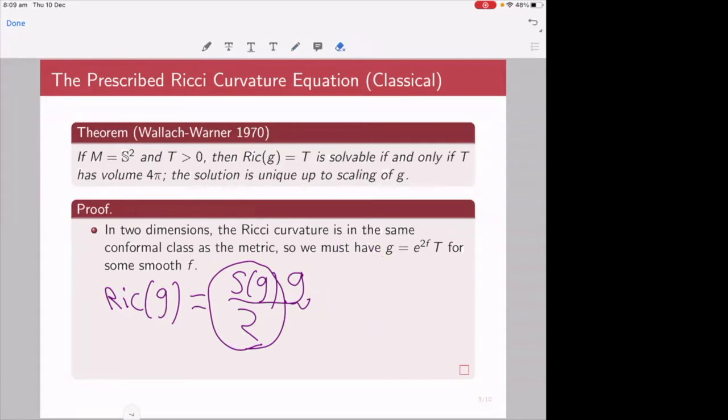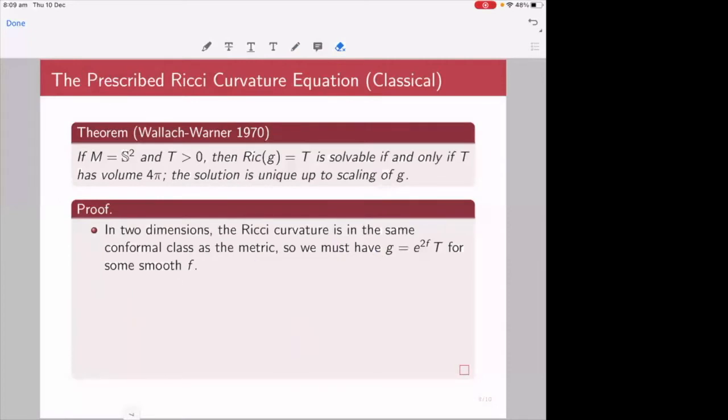So what that means is precisely this equation here. Given your tensor t, g has to be the same as t multiplied by some scaling function. Clearly that scaling function will need to be positive. So we may as well write that scaling function as the exponential of 2 times some smooth function, which we call f.